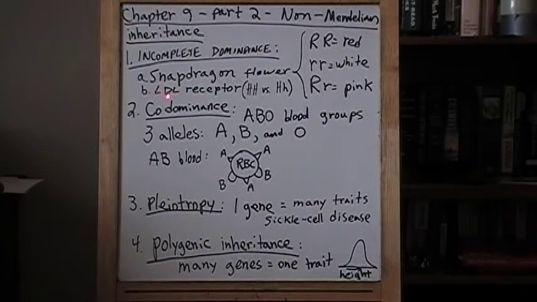Another example of that is the LDL receptor. The LDL receptor is a receptor that binds cholesterol, and normally in a healthy individual you have 2 capital H alleles, but some people have the heterozygous genotype, a big H and little h.